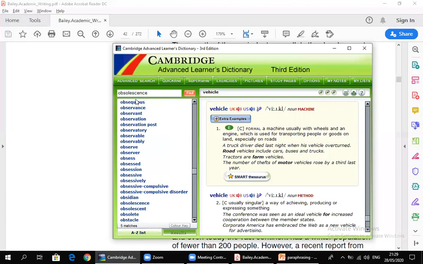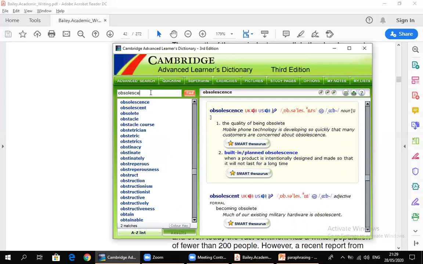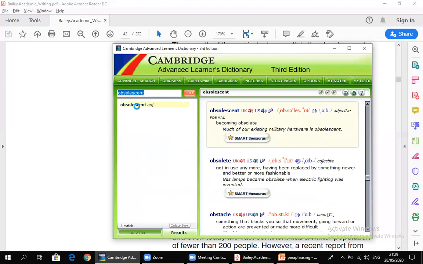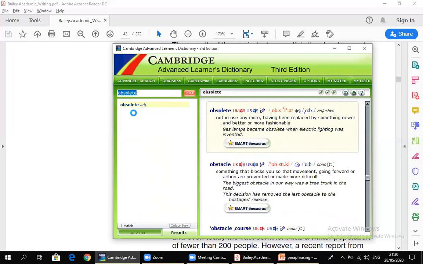One actually has to. Obsolescence is the quality of being obsolete. Let's say the adjective obsolete, obsolescent, becoming obsolescent, which is like becoming too old. The Oxford Dictionary says the state of becoming old-fashioned and no longer useful.